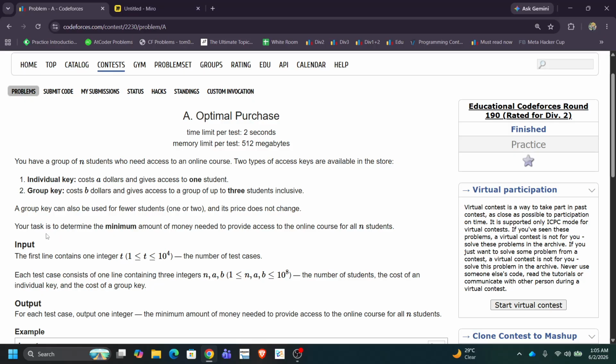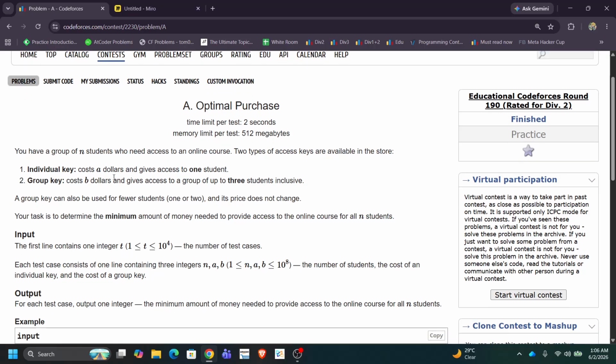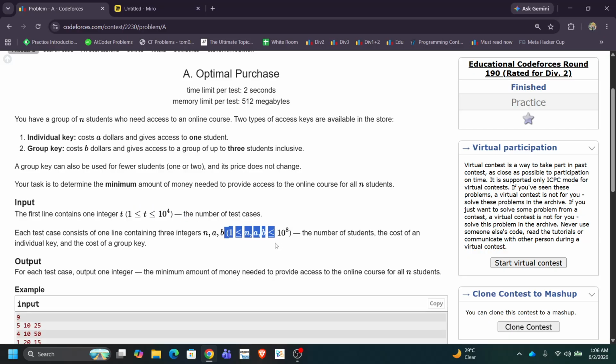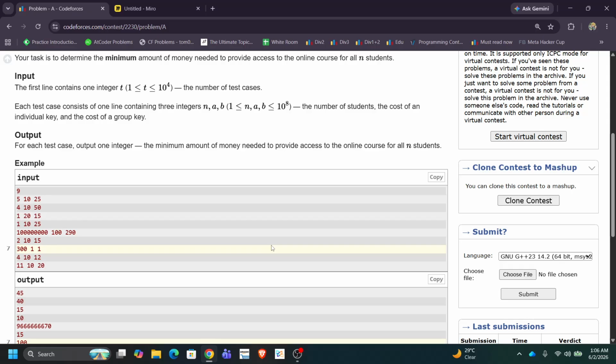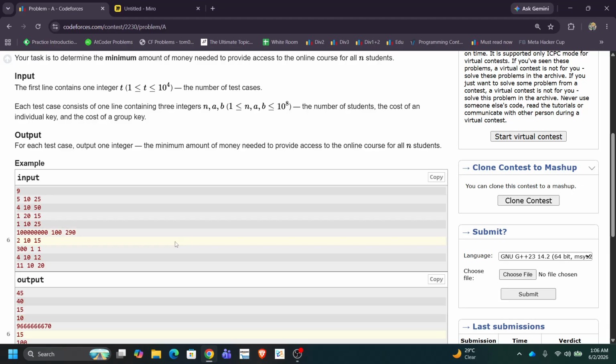Now your task is to find the minimum amount of money you need to provide access to all students. Here are the constraints. How do you solve it? Let's see.